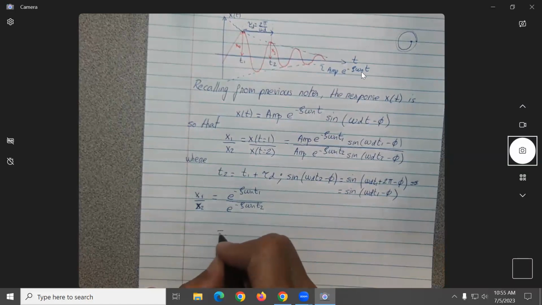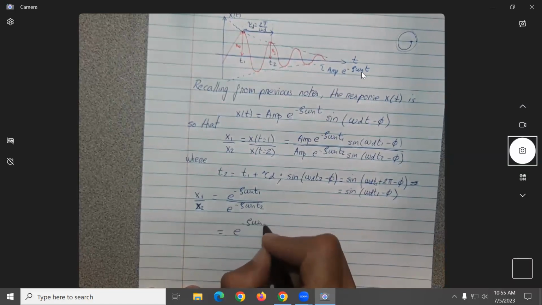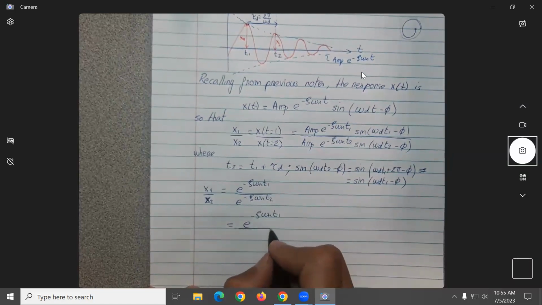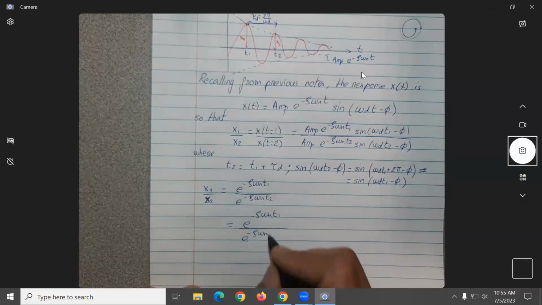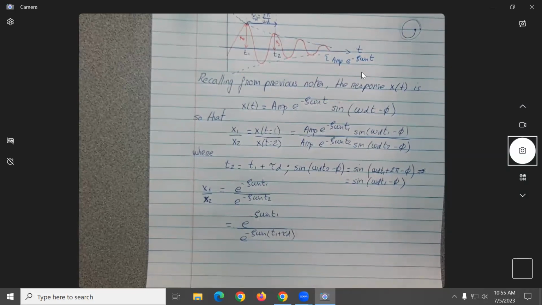So this will give you the exponential of minus xi omega sub n t1, divided by the exponential of minus xi omega sub n (t1 plus the period to replace t2).